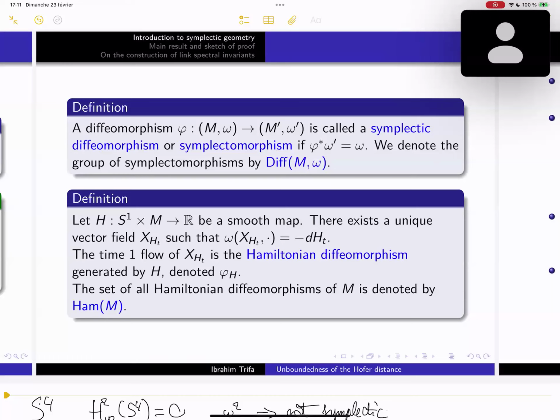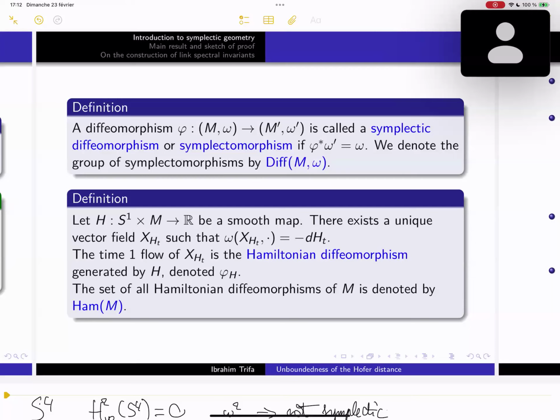This is because omega is non-degenerate, so it establishes a pairing between vector fields and one-forms. You can represent any one-form with a vector field.